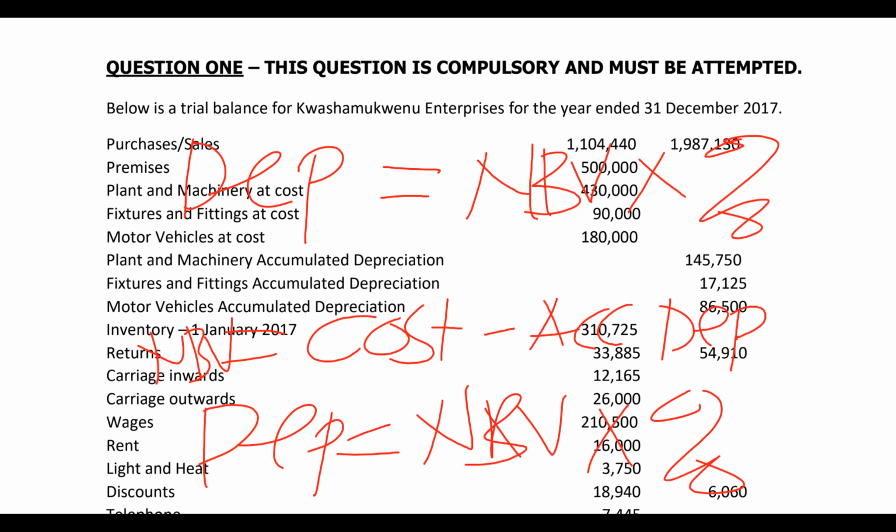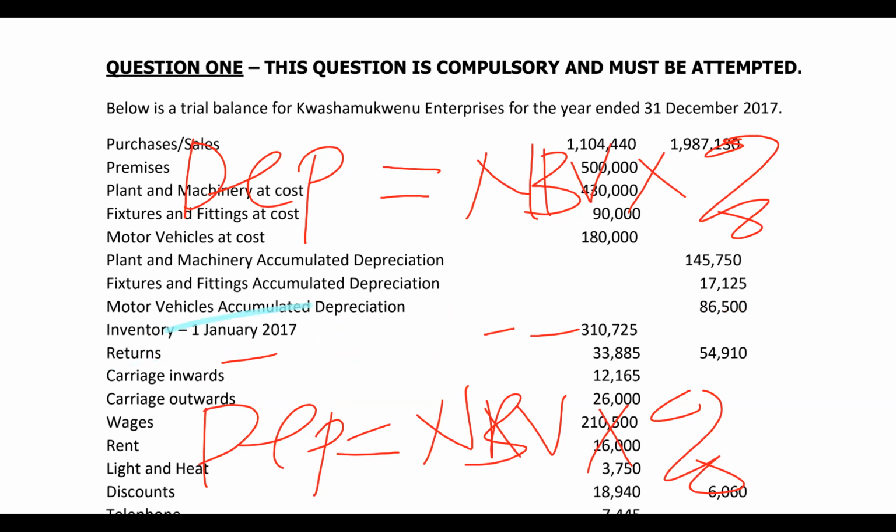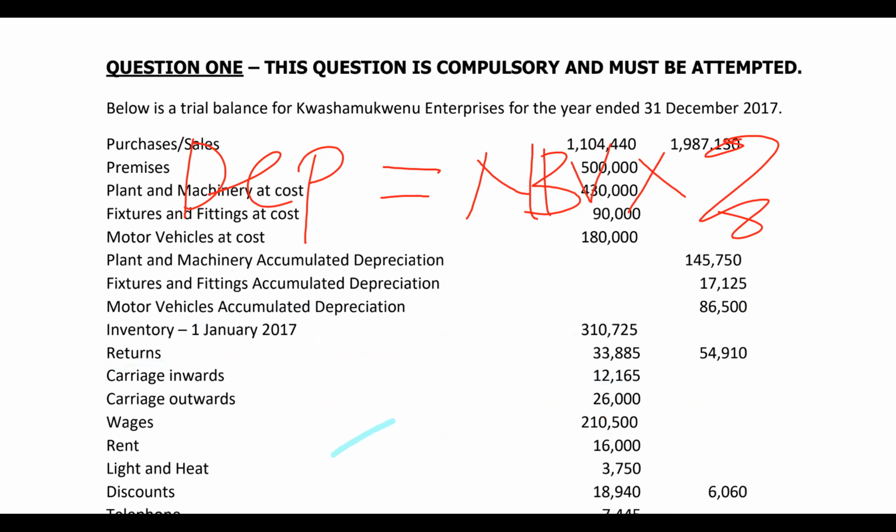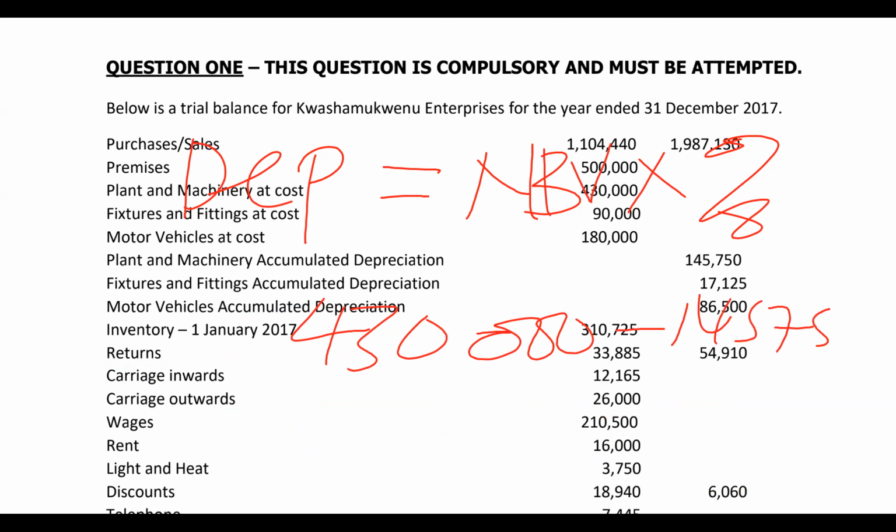So in this case, for plant and machinery, you have the cost, which is 430,000, right? You want the net book value. 430,000 minus the accumulated depreciation for plant and machinery, which is 145,750. You can see it? This is the accumulated depreciation.